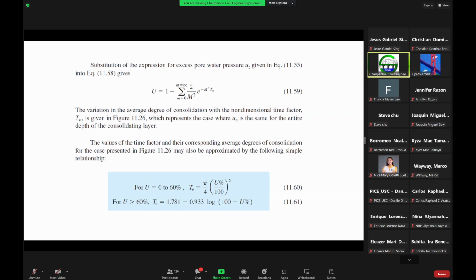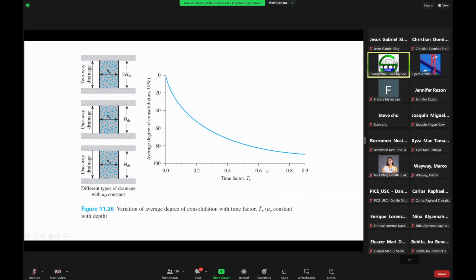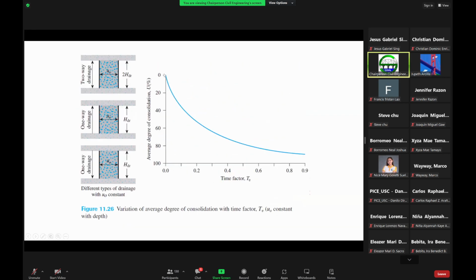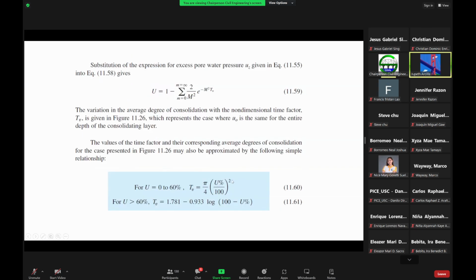Now, if you look at figure 11.26 in your book, we can see that for the average degree of consolidation from 0 to 60%, that's this curve here, the time factor can be given by this equation here.